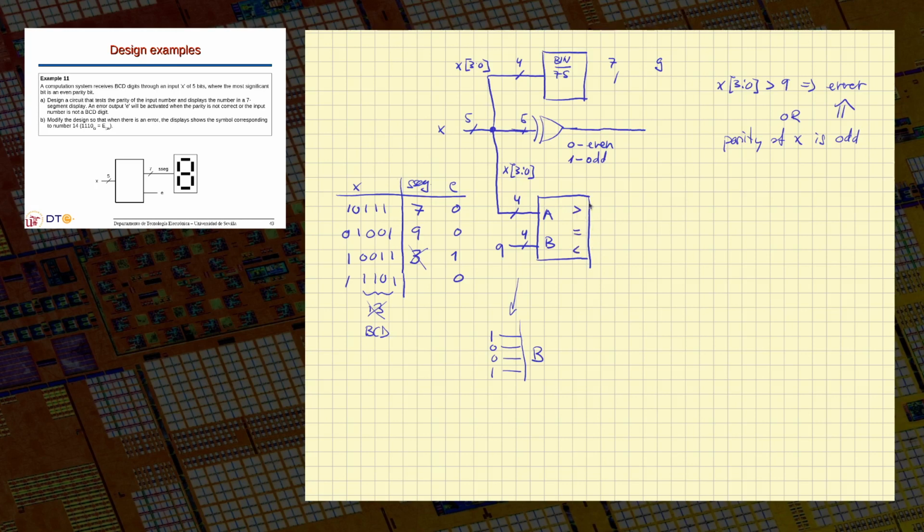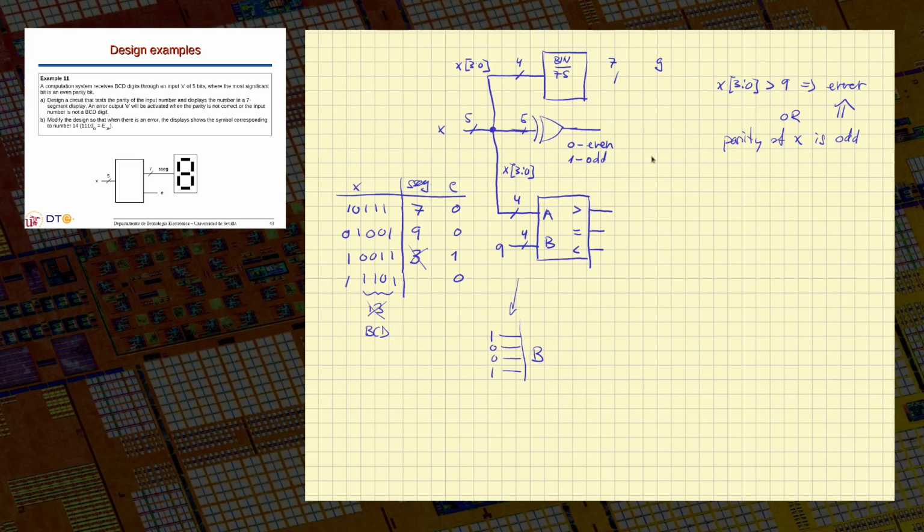So when we want to detect when x is greater than 9, I will consider this output. This is the output that will be activated when it's greater than 9. And I want my error to be active when this signal is 1, or when this signal is 1, the one that detects not a BCD, or the one that detects that we have a parity error.